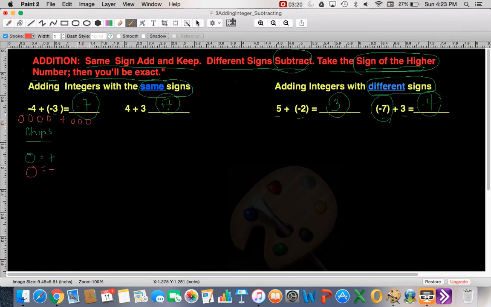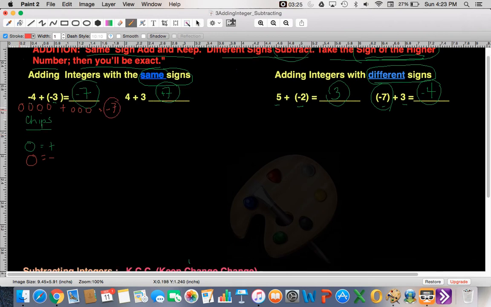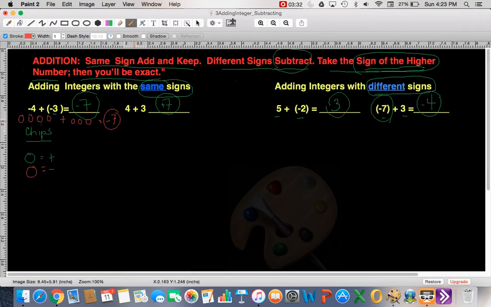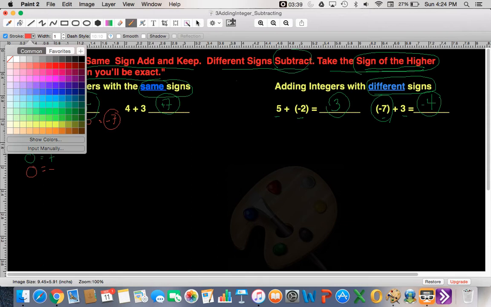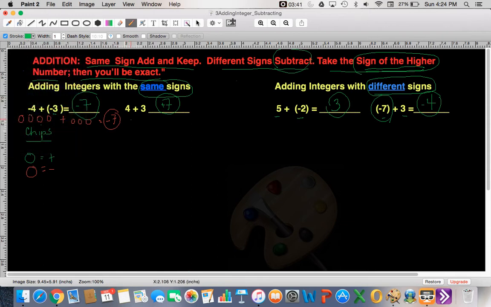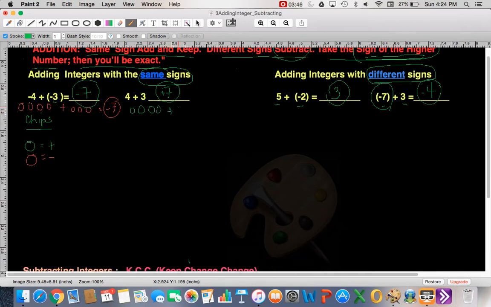You just add it up. It would be -7. Here, it would be +4 plus +3. Just get the green chips: 1, 2, 3, 4 plus 3, 1, 2, 3. It would be 7.